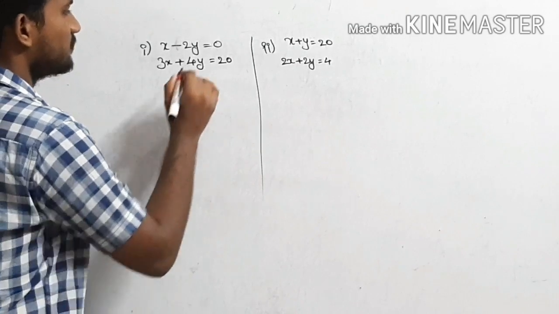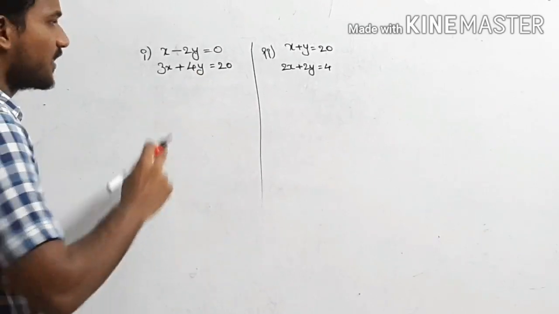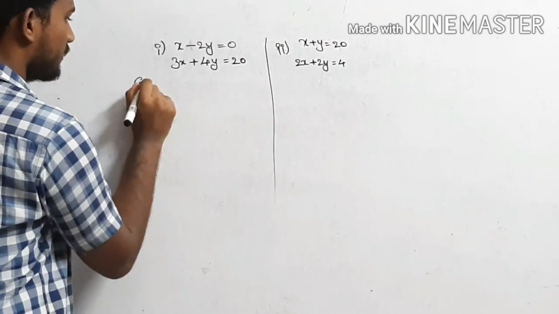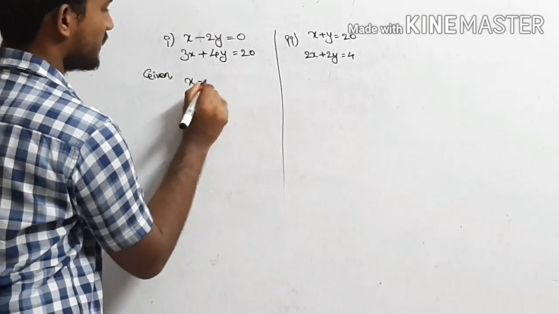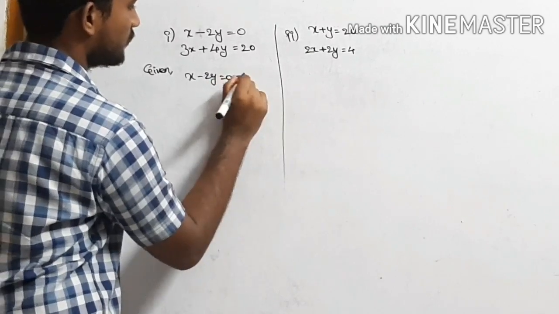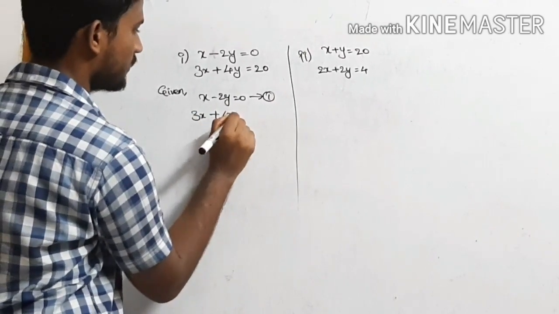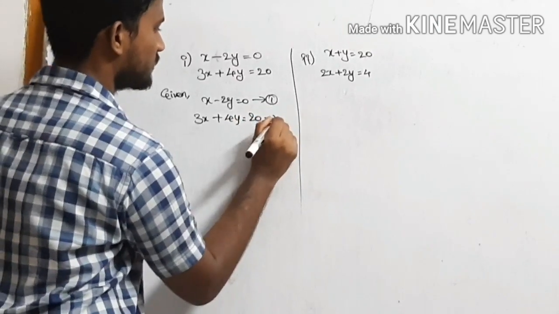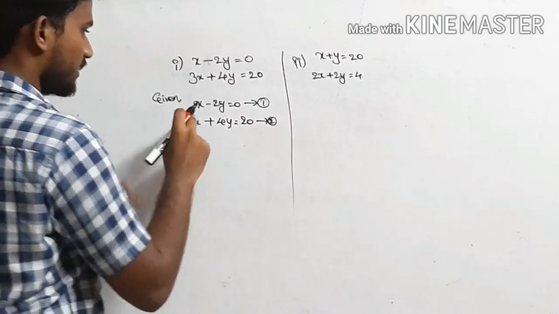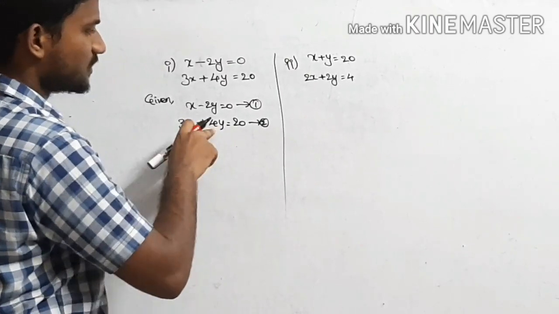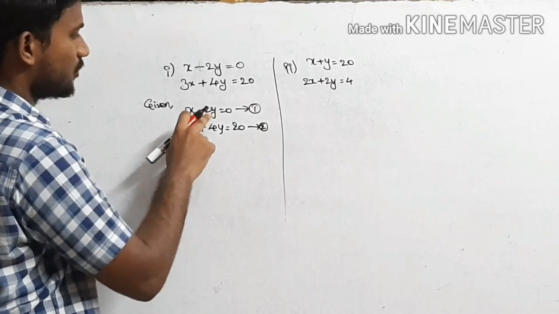Just like this question, by the elimination process, find x and y for these equations. First write the given equations: x minus 2y equals 0 is the first equation, and 3x plus 4y equals 20 is the second equation. Here the x coefficients are 1 and 3, and the y coefficients are 2 and 4.